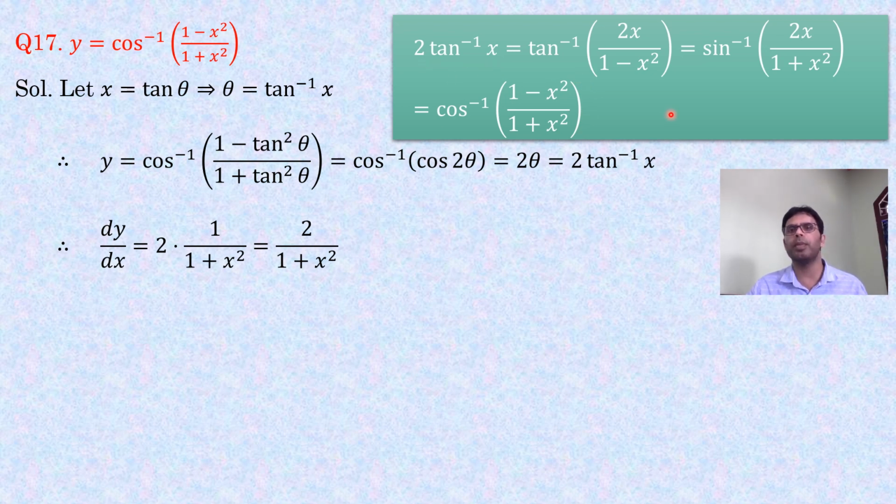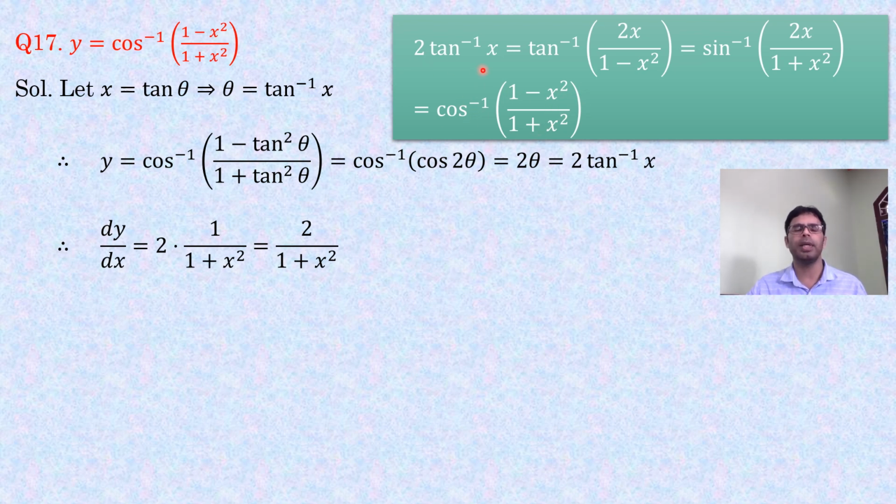If you have problems like sine inverse of 2x by (1 plus x square), in that case also you can write 2 tan inverse x. Also if you have tan inverse of 2x by (1 minus x square), then you can also write 2 tan inverse x. That is, there are actually 3 formulas. This is equal to this one. You may use this equal to this, or you may use this equal to this. So here I am using this value is equal to 2 tan inverse x.